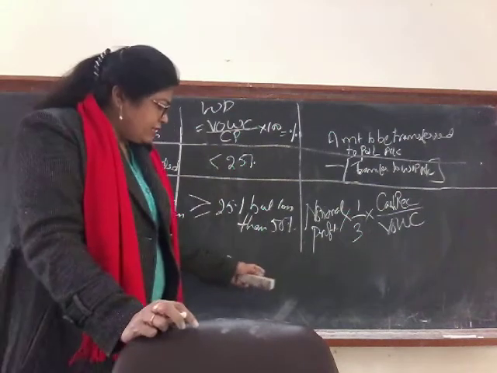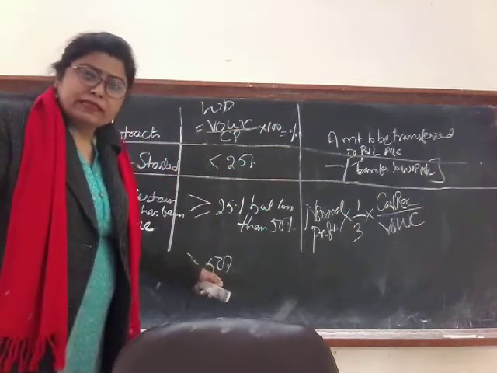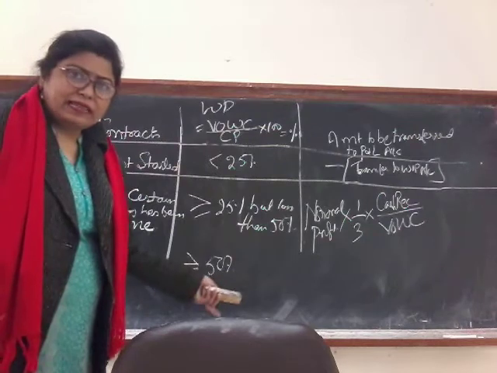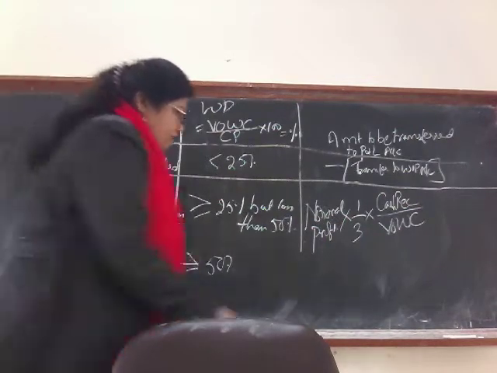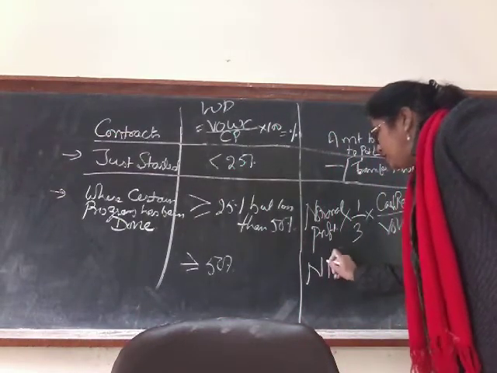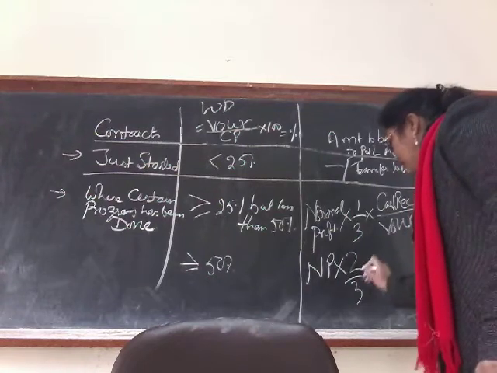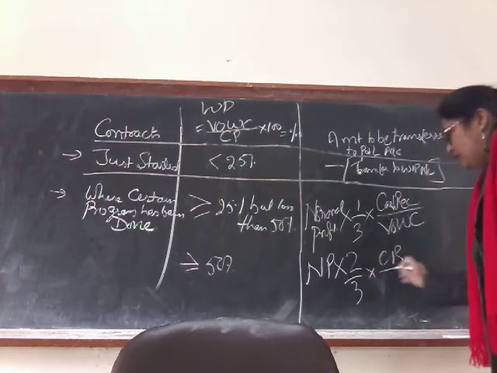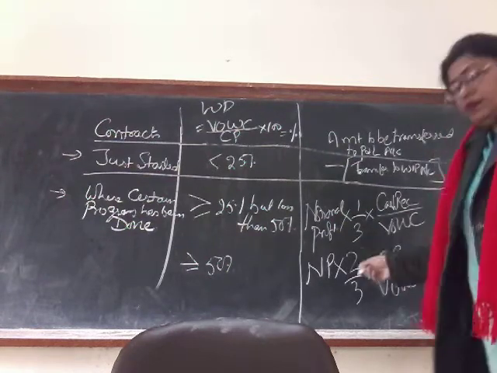Some even take it as more than or equal to 50 but less than 90, or it is left like this only because the same formula is applied there also. So more than 50%, take it like this. How much amount to be transferred to P&L? Formula is notional profit into 2 by 3 into cash received divided by value of work certified.